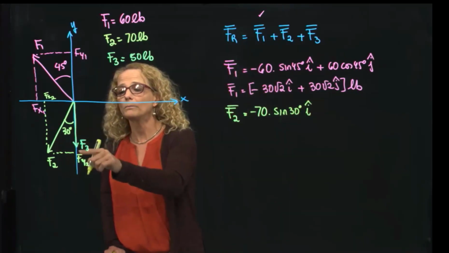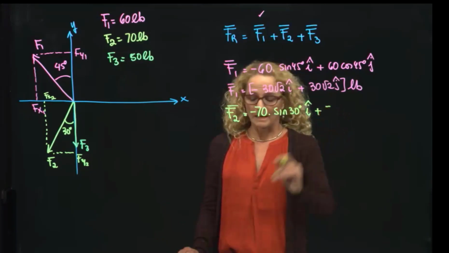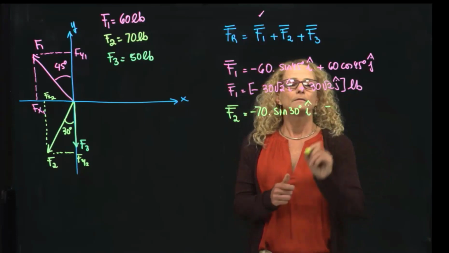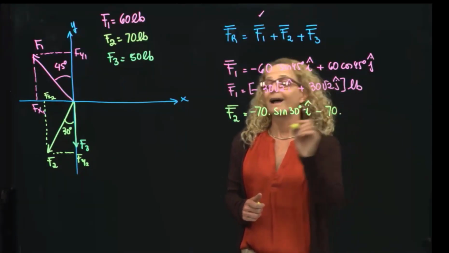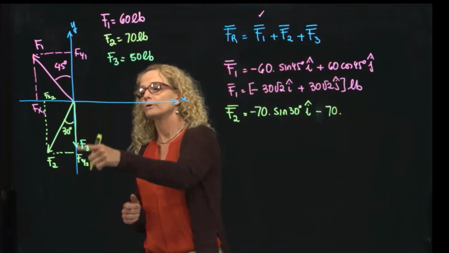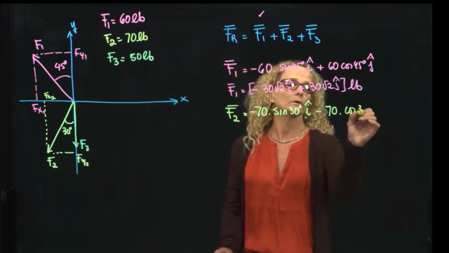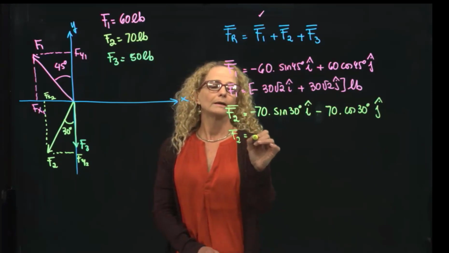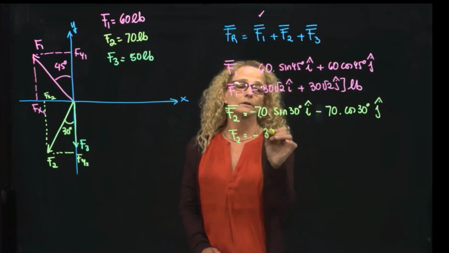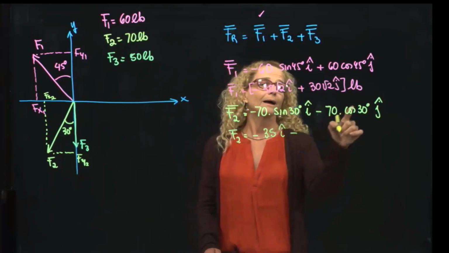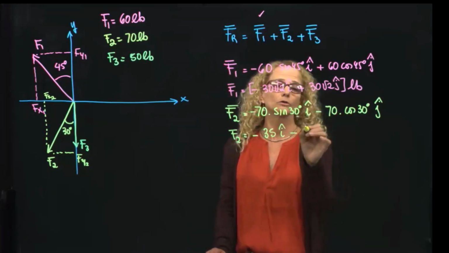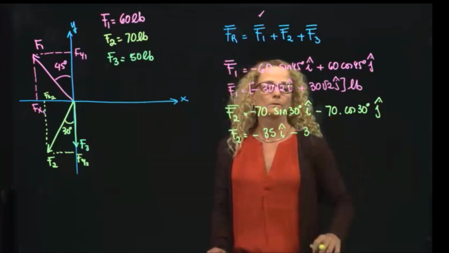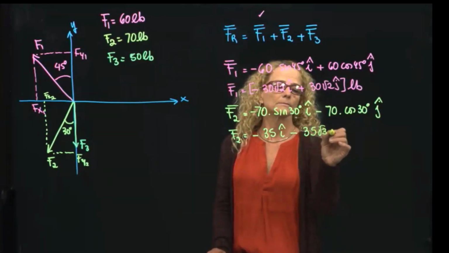And then the y component will be 70, also negative. Let me erase that positive sign. 70, and it's the adjacent of that triangle, which is cosine of 30 in j. So for F2, sine of 30 is 1/2, so this gives me negative 35 in i, and cosine of 30 is square root of 3 over 2, so that gives me negative 35 square root of 3 in j.